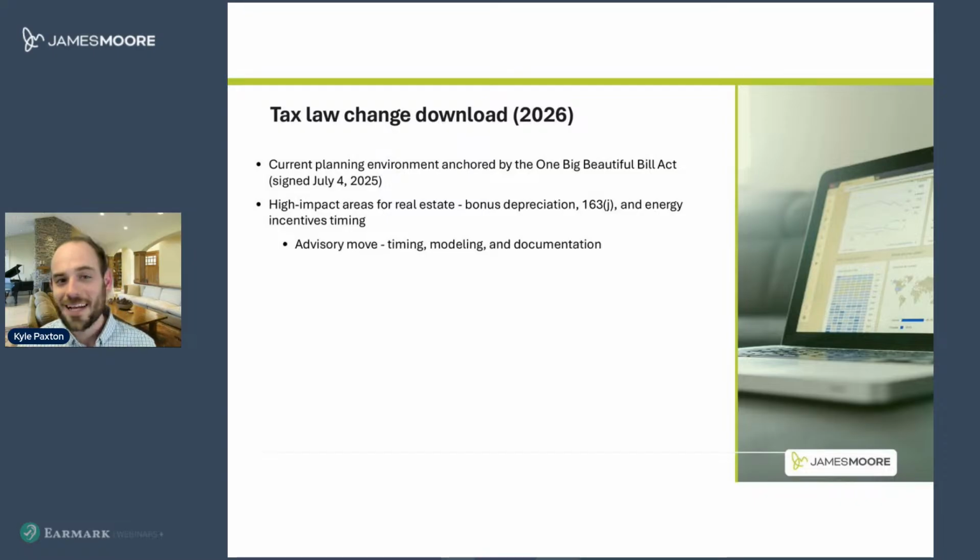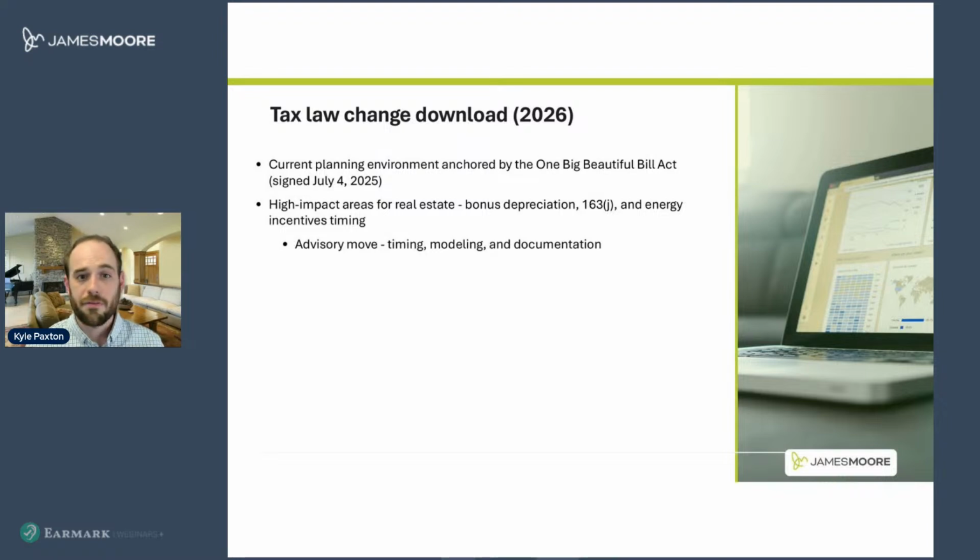I talked about how we don't want to focus on the low-hanging fruit and the shiny object, but I do want to touch for a couple minutes on the tax law changes, right? So as advisors, and again, I'm coming from the tax side here, one of the biggest planning opportunities we have in the real estate space right now is coming off of the back of the One Big Beautiful Bill Act. This video is being recorded in spring of 2026.